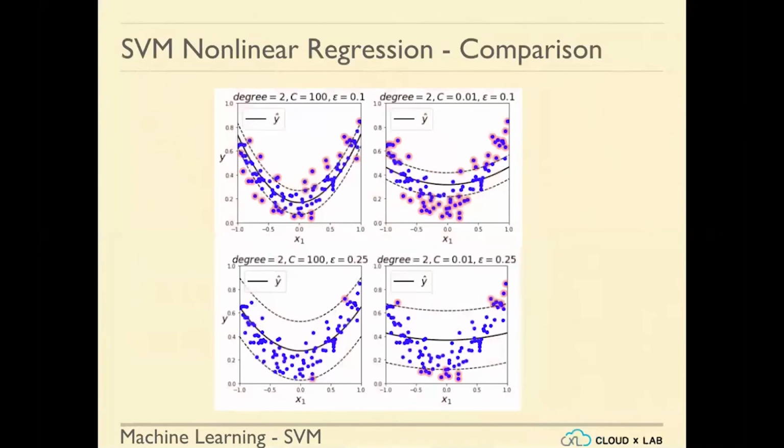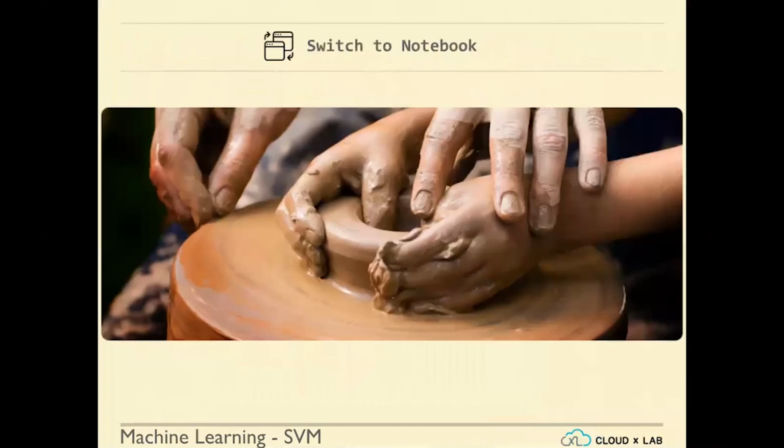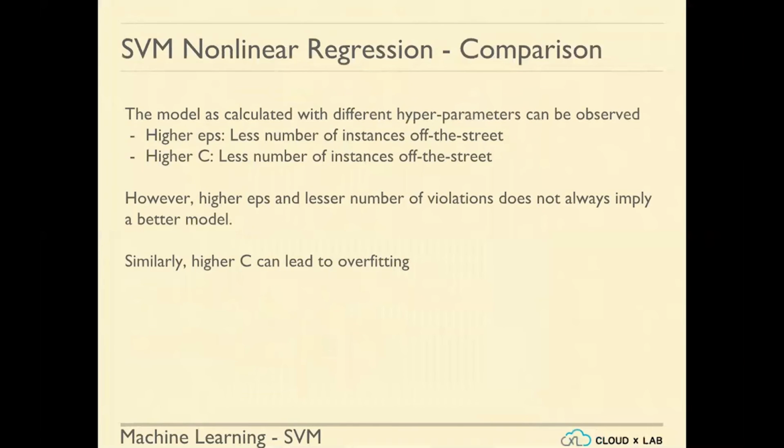All right. Yes. So here I think this is better to plot. If epsilon goes higher, a lesser number of instances are outside the street, that's very clear. If C is higher, fewer instances are outside the street.